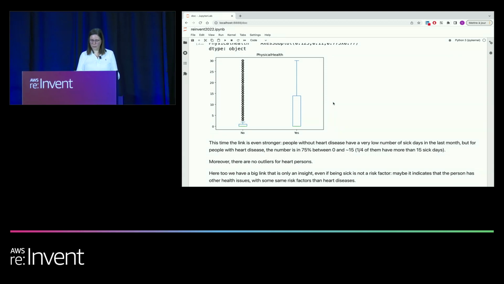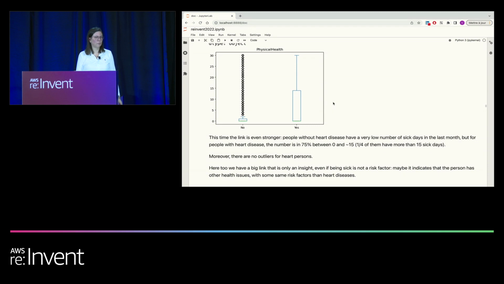So it is something that you can see to find correlations. And after that, you have to think, is it a good correlation? Is it an insight? Here it is an insight. Or is it a bias? Of course, we think that the more you are ill and the more you may have an heart disease, seems to be a very good insight.